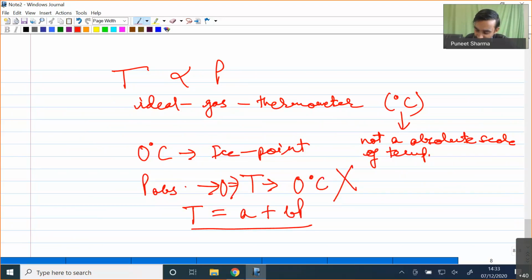However, later on we found that corresponding to absolute pressure we have 0 Kelvin temperature. If we consider our temperature in Kelvin, then we can directly say temperature in Kelvin is nothing but B times P, for which our intercept A will be 0. Is this point clear? Yes, sir.